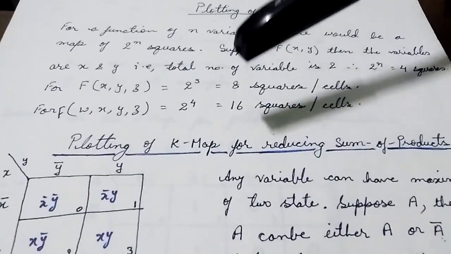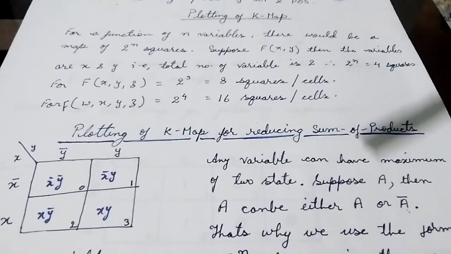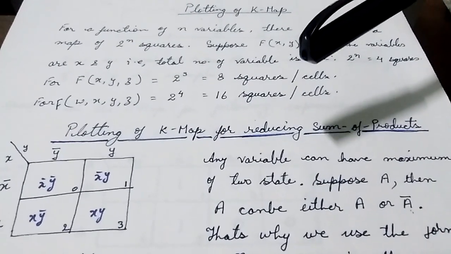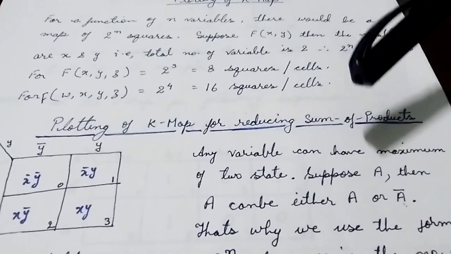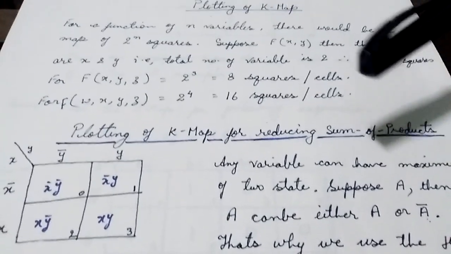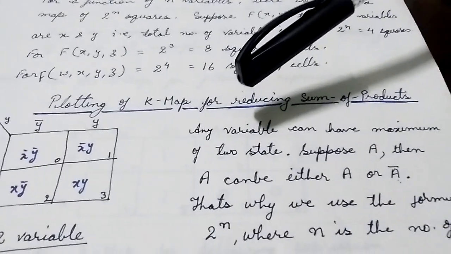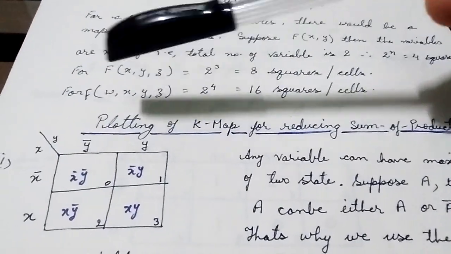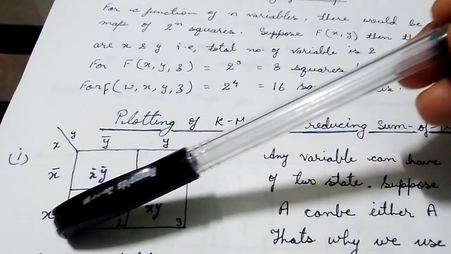Now plotting of K map for reducing the sum of product. Why do we plot K map? We plot K map to reduce the long expression of sum of product or product of sum. Now again going back, if there are two variables, suppose x and y, then how will we plot the Karnaugh map?